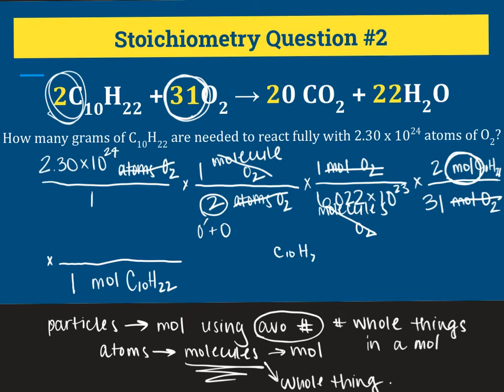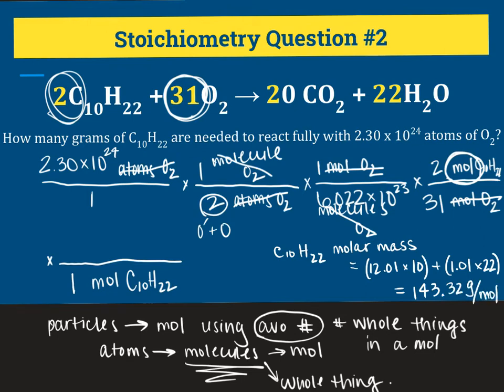So C10H22, that molar mass, which we get from the periodic table, is going to be C 12.01 times 10 plus H, which is 1.01, times 22, and that will get us 143.32 grams per mole.